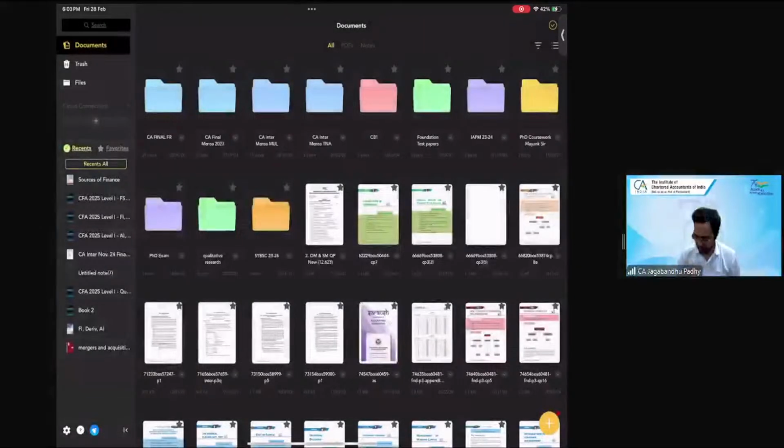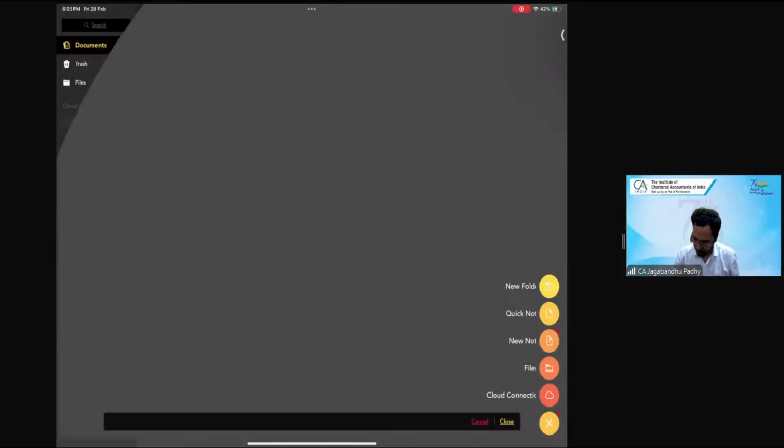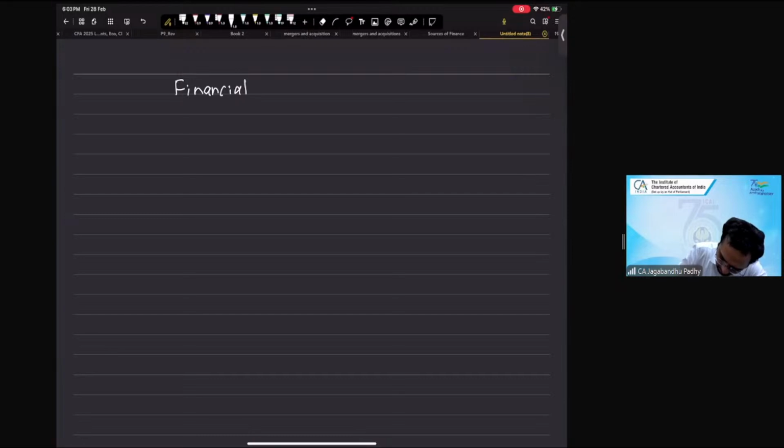Now, when we're discussing this word financial management, from the first word financial, what do you really understand? What do you understand by the word financial? And then we'll go to the next word, definitely the word management.